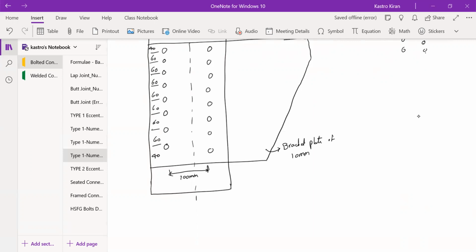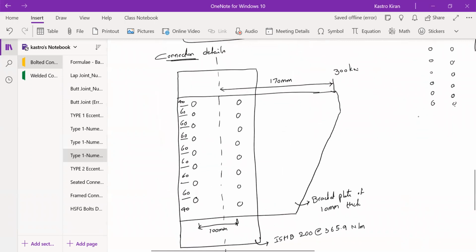This is an ISHB section, Indian Standard Heavyweight Beam, of 200 at 365.9 Newton per meter. So these are the connection details, and this is how you can solve the type 1 bracket connection design. In the next class, we'll look at the type 2 bracket connection design. Thank you.